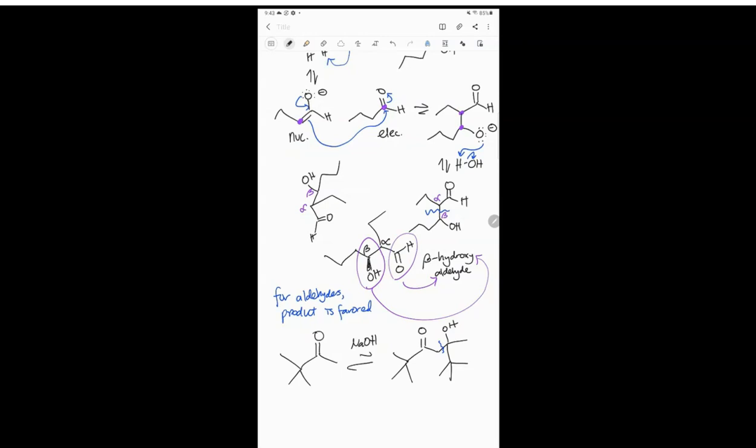So we don't see ketol products as much as aldol products, simply because the ketones are less electrophilic. They're kind of happy to stay as they are. They're also less acidic, so they're worse nucleophiles and worse electrophiles. It's just going to happen less frequently.